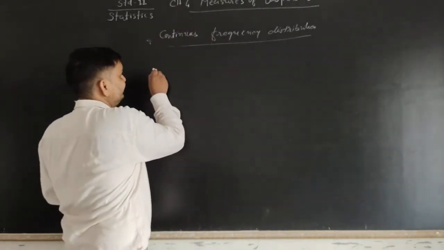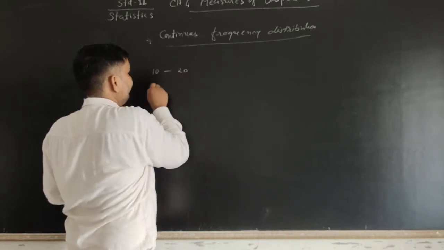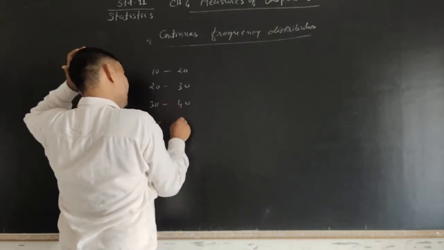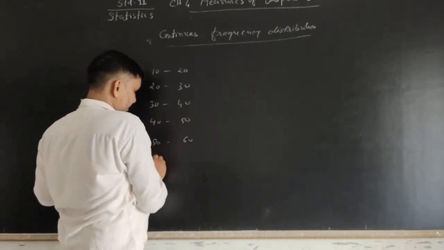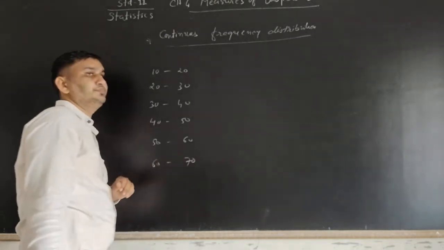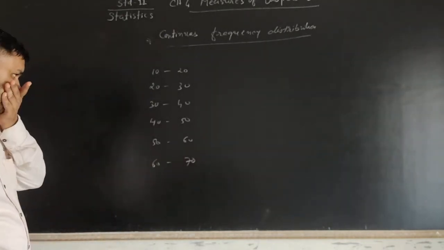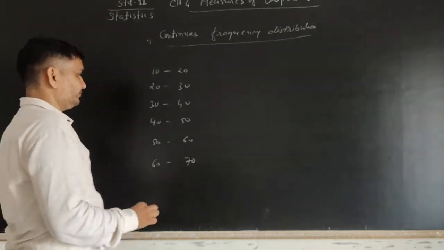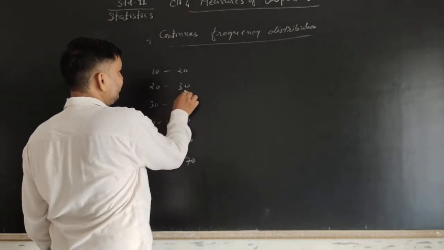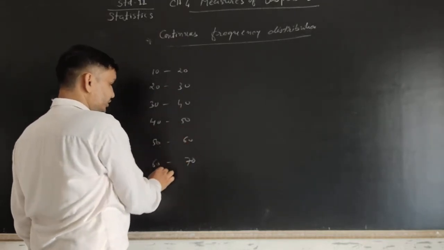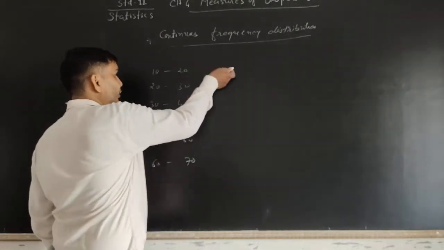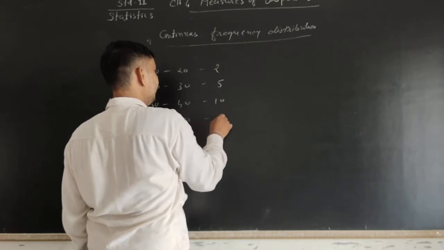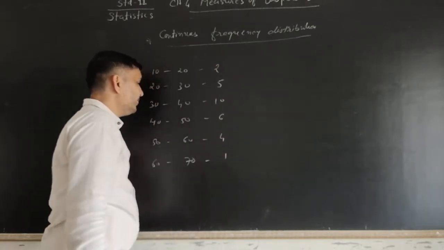We know very well the classes 10 to 20, 20 to 30, 30 to 40, 40 to 50, 50 to 60 and 60 to 70, with frequencies 7, 2, 5, 10, 6, 4, 1.